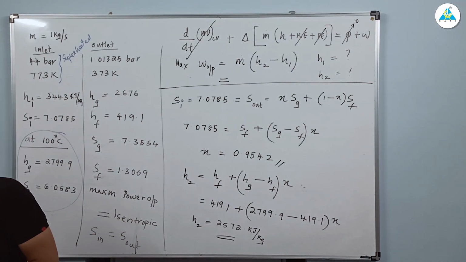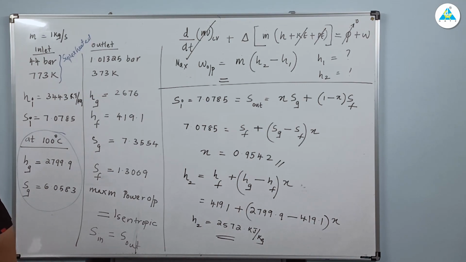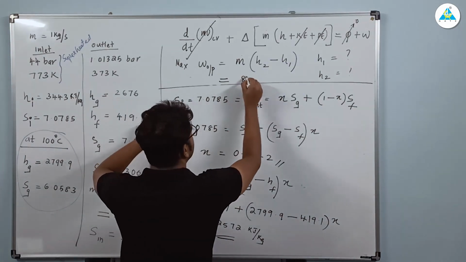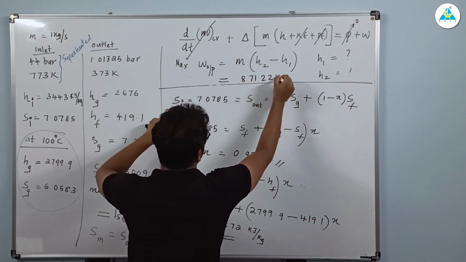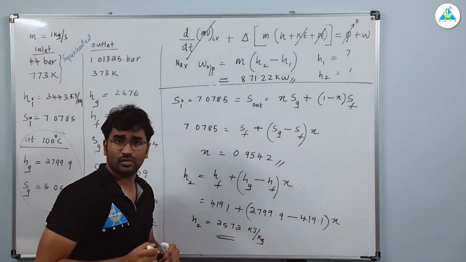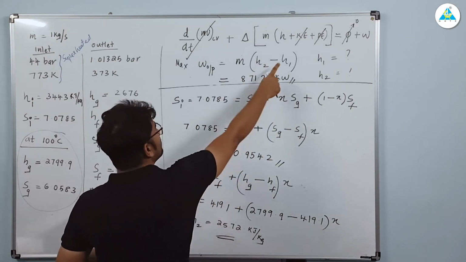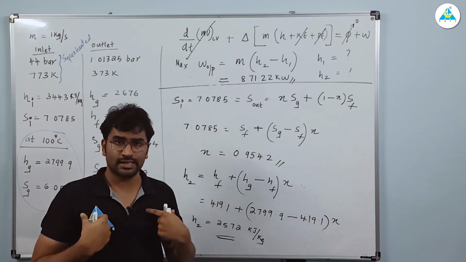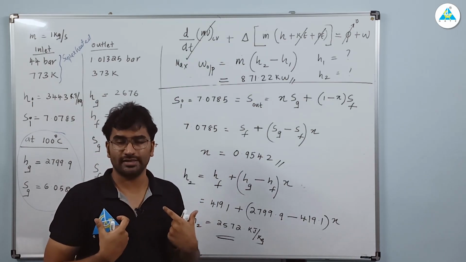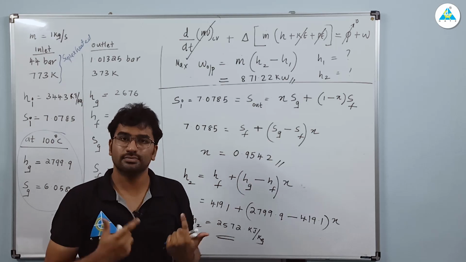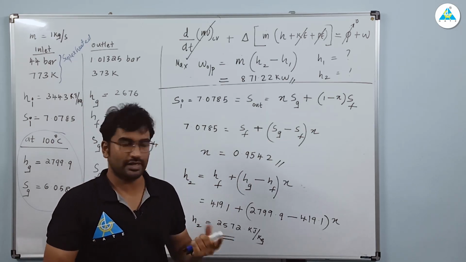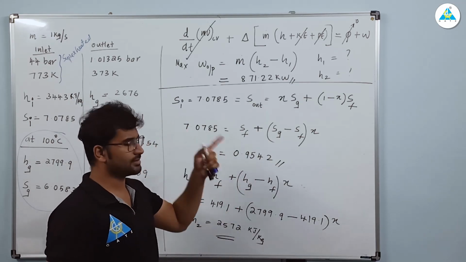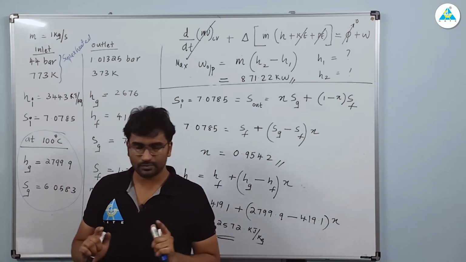I hope your answer is 871.22 kilowatt, right? If you want to avoid confusion, you can take it as inlet minus exit. This equation is based on our sign convention, that's why we are getting minus, because work done by the system is negative for us. Your answer is 871.22. Clear?